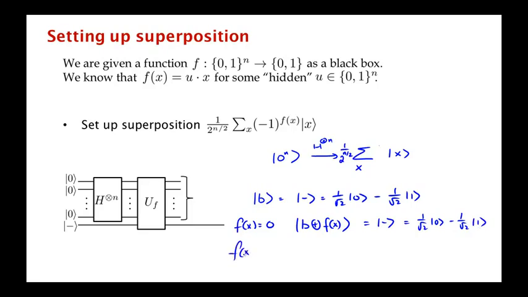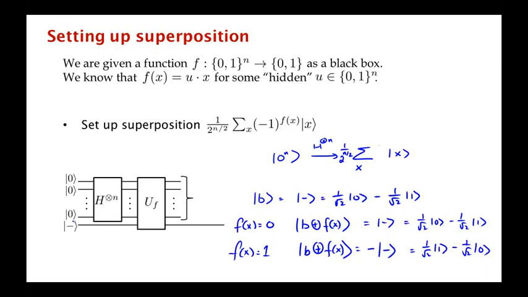What happens if f of x equal to 1? Then b XOR f of x is just, well, you toggle it, right? So you get 1 over square root 2, 1 minus 1 over square root 2, 0, which is just, you pick up a phase of minus 1. So that's what we are doing.